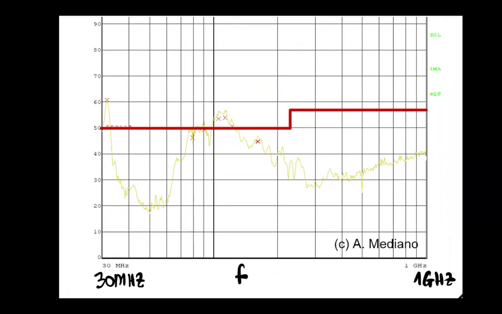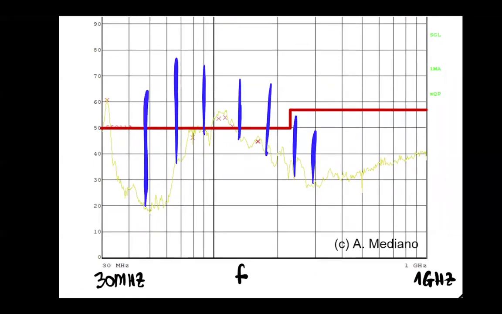And then you will see some kind of emissions. If you identify emissions like this one, or this or this, narrowband emissions, usually these narrowband emissions are coming from some switching circuit, for example, digital electronics or power electronics.